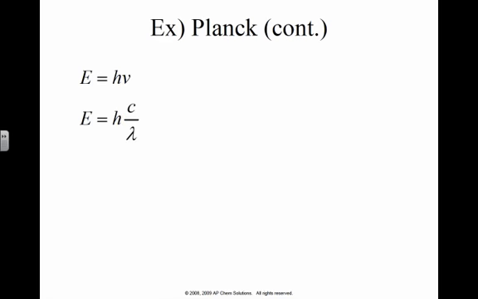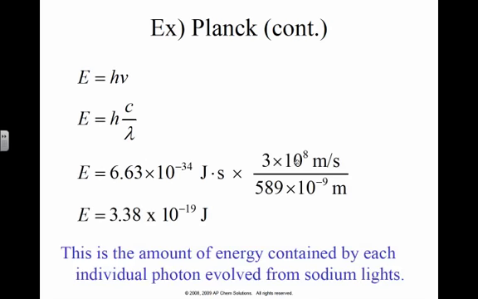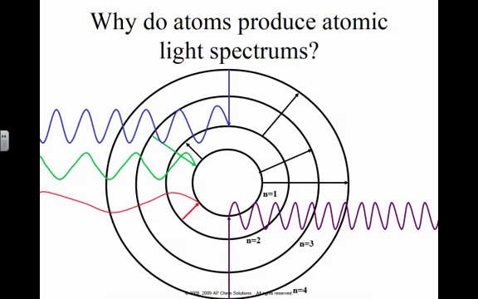So first I take my speed of light and divide it by the wavelength. That's going to get me frequency. Take that frequency and multiply it by Planck's constant. That gets me energy, 3.38 times 10 to the negative 19th joules for every one photon.